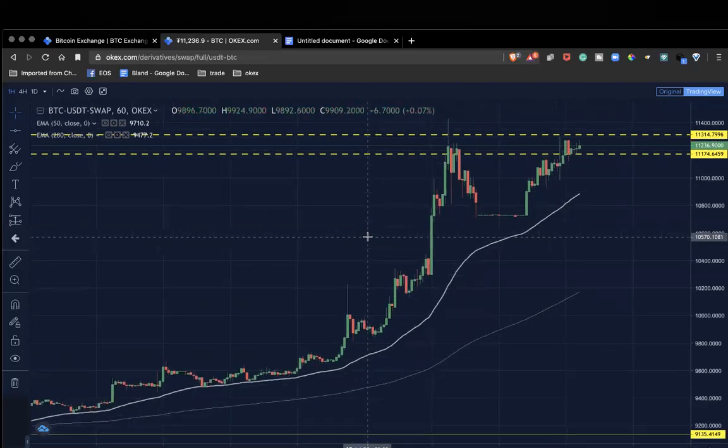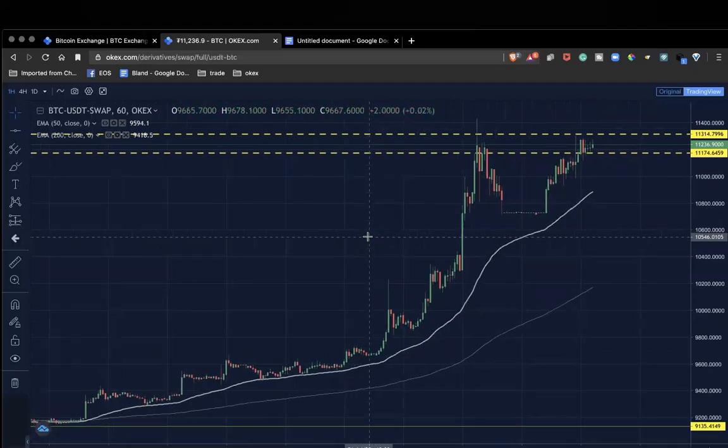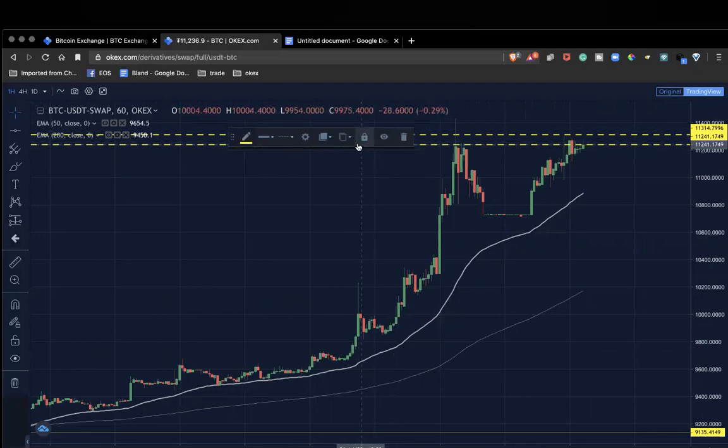In crypto, there's what we call support and resistance. If you look at this chart, you will notice that when the price gets to some places, it does not move past them. Like this place now is an area of resistance. It's as if the price cannot go above this place.